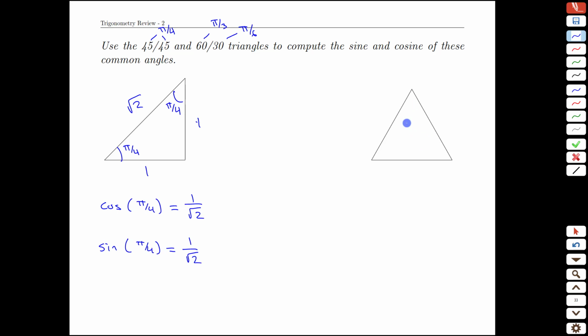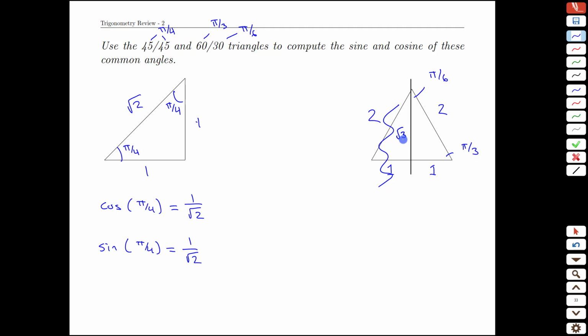In the 30-60 triangle, the easiest way to remember this, I find, is to take an equilateral triangle with side lengths 2 and then cut it in half to get the 60-degree angle here, or pi over 3, and the 30-degree angle here, pi over 6, and then ignore this triangle and focus on this side here.